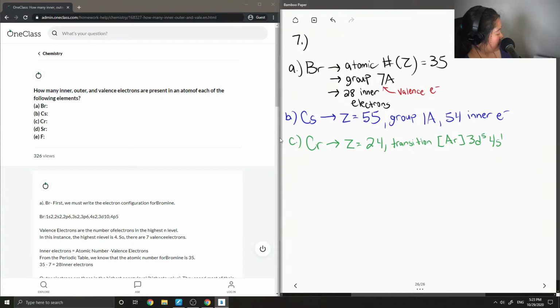So if we look at its electron configuration, you'll see that there are 6 valence electrons. And then if we did 24 minus 6, you get 18 inner electrons.